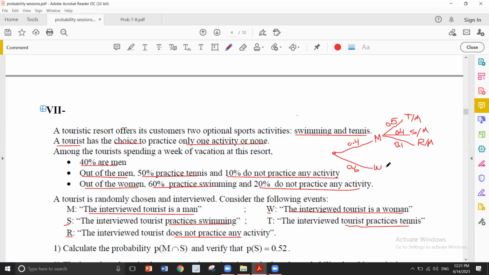Here for the woman, we put tennis, swimming, or nothing, given W. The woman, 60% practice swimming, so here 0.6 swimming.